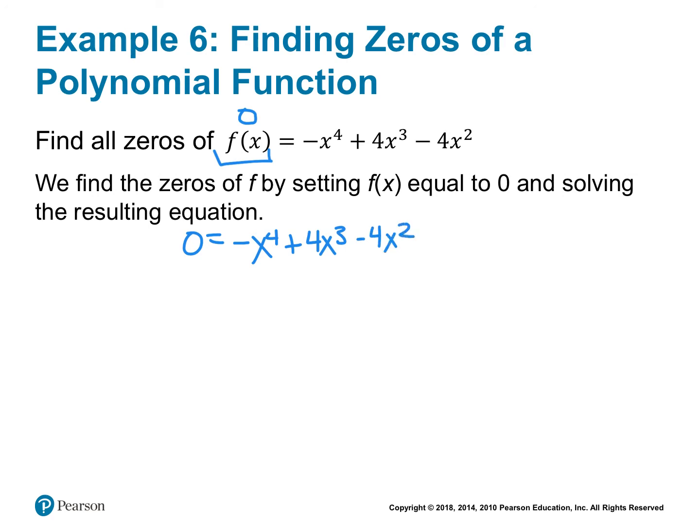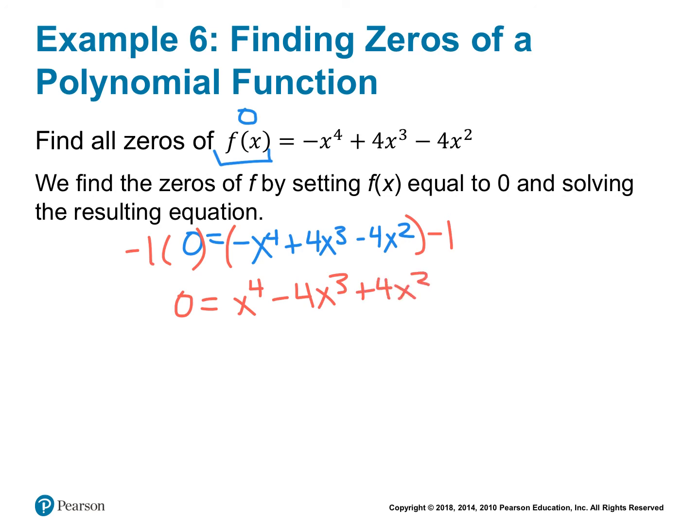So to make this look like something we've seen before, we're going to multiply everything by negative 1 on both sides, which still gives us 0 over here. As long as you do it to both sides, it does not change the equality of the equation. So now we turn this into a positive because a negative times a negative is a positive. This turns into a negative 4x to the third. This turns into a positive 4x squared.